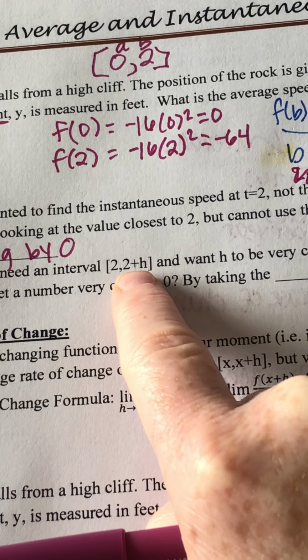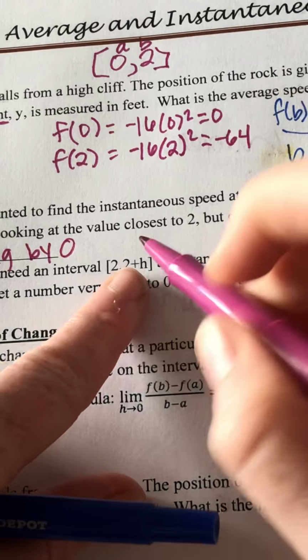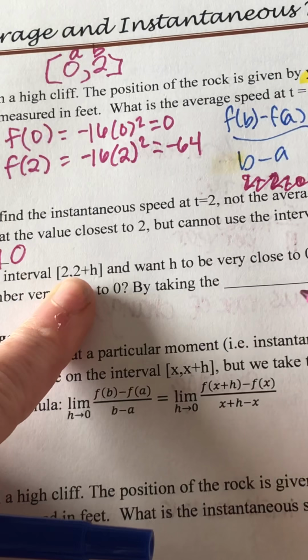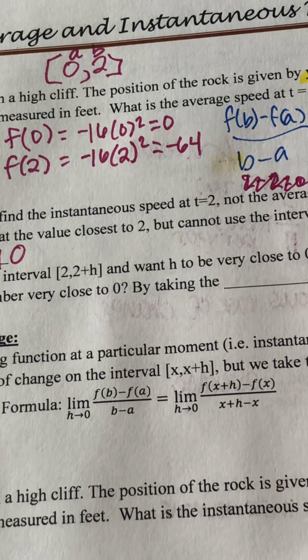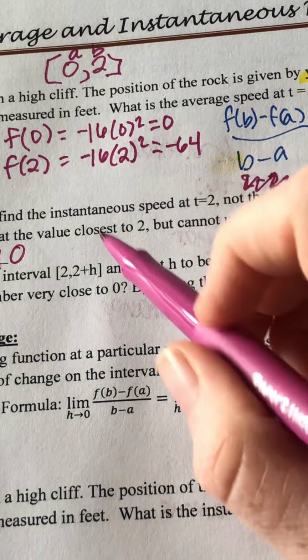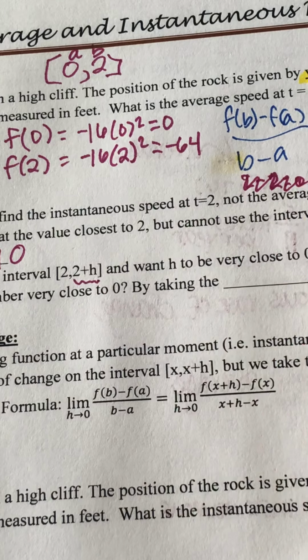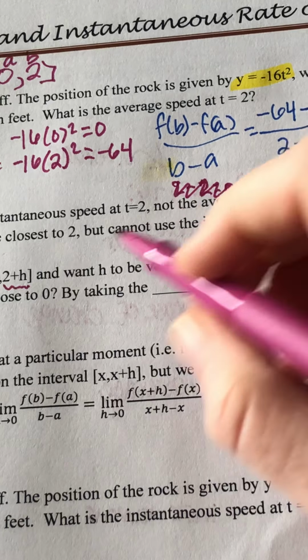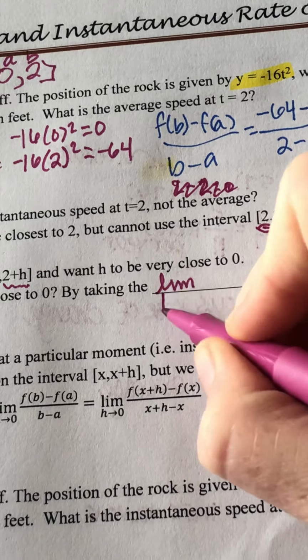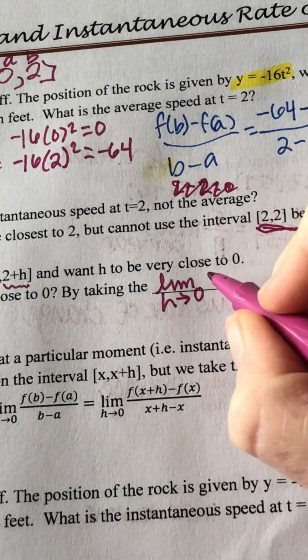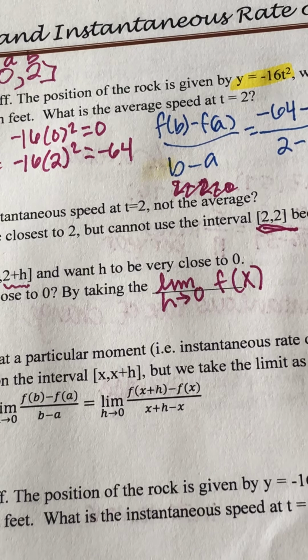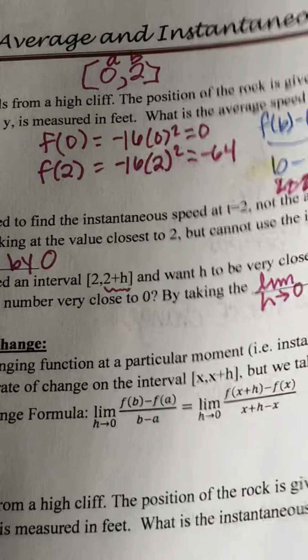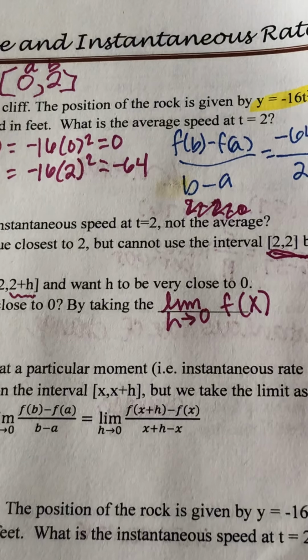But we want an interval that's 2 comma 2 plus h, so just a tiny bit above 2, and then we want to take the limit as h approaches 0. So we won't technically be dividing by 0, but we'll be getting very, very close to 2. By taking the limit as h approaches 0, that's how we're going to find the instantaneous rate.